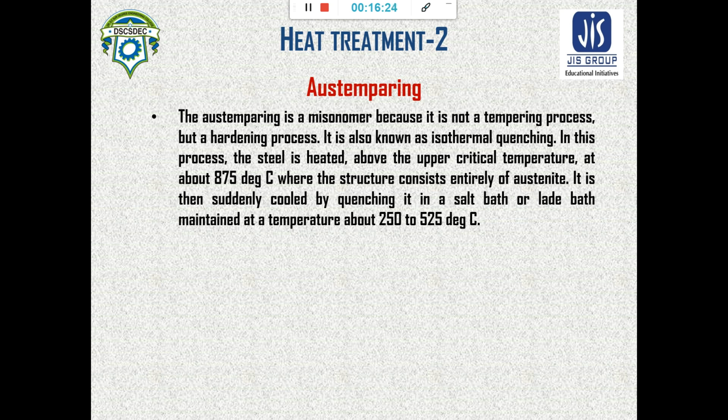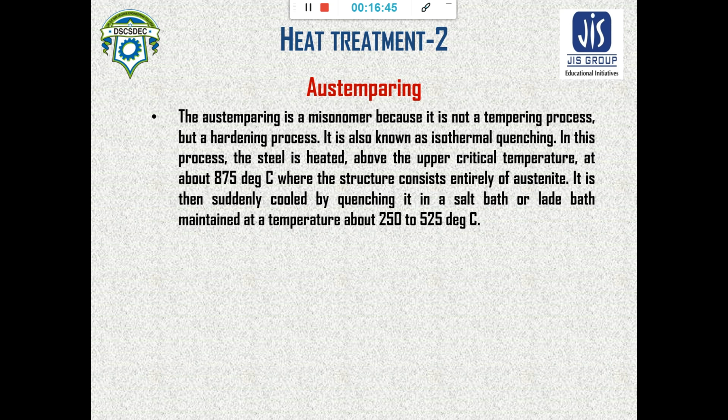In this process, what is done? Steel is heated to above the upper critical temperature, and at that temperature the steel has a complete austenitic structure, meaning each and every part of the workpiece is austenite.